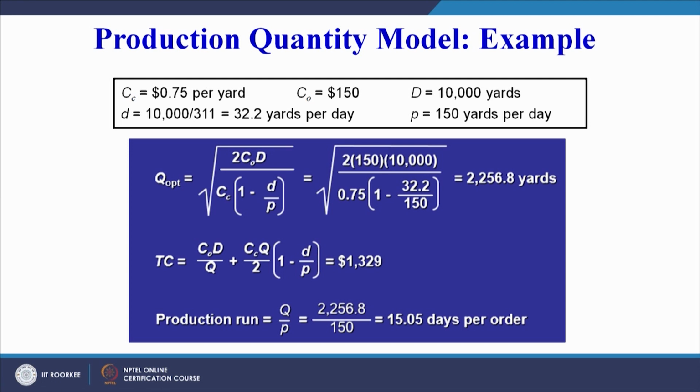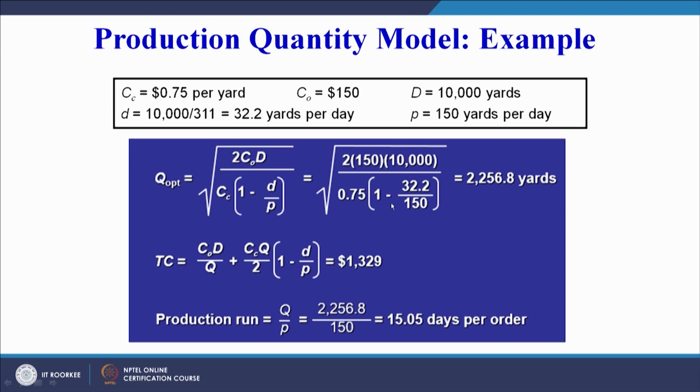So 10,000 is the annual demand as given in the problem, D is equal to 10,000 yards. Dividing the annual demand by 311, per day we have calculated the demand rate with small d. So small d is 32.2 yards per day and the production rate is 150 yards per day. According to that we can calculate the optimum value, 2 into CO into D, as per the formula.